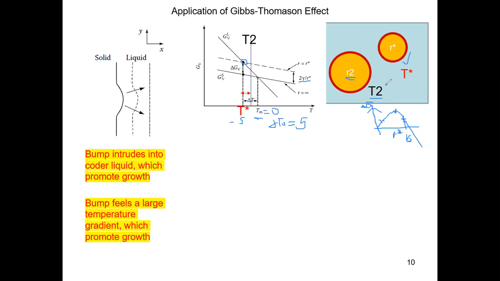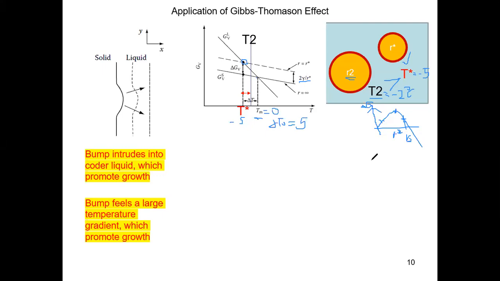Based on the Gibbs-Thompson effect calculation, T2 is greater than T star. Let's say T2 equals minus 2 degrees Celsius. It's higher than T star, because T star is minus 5 degrees Celsius.